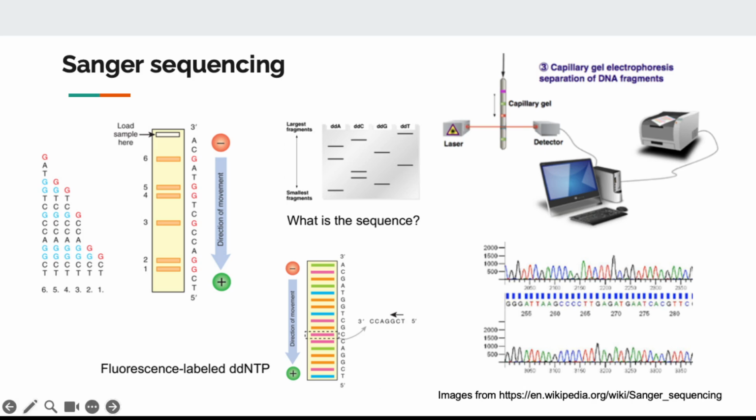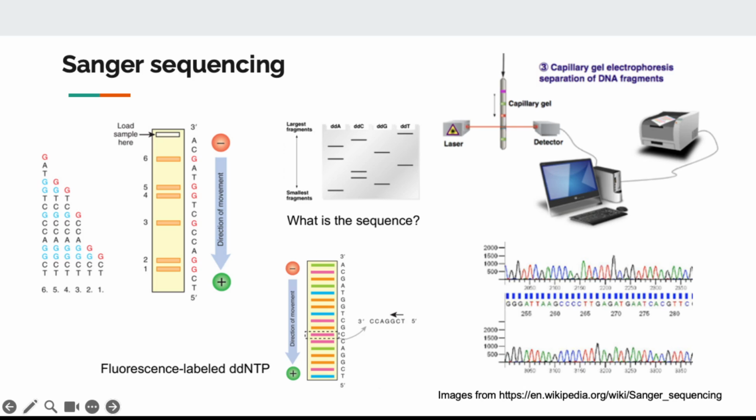Every polymerization reaction in the sample has to terminate at a G, because some of the Gs don't have the hydroxyl group. So you have a whole lot of different products. Some will incorporate normal Gs and then ddGTP. Some will incorporate two Gs and then ddGTP. So you generate all these different products with different lengths.